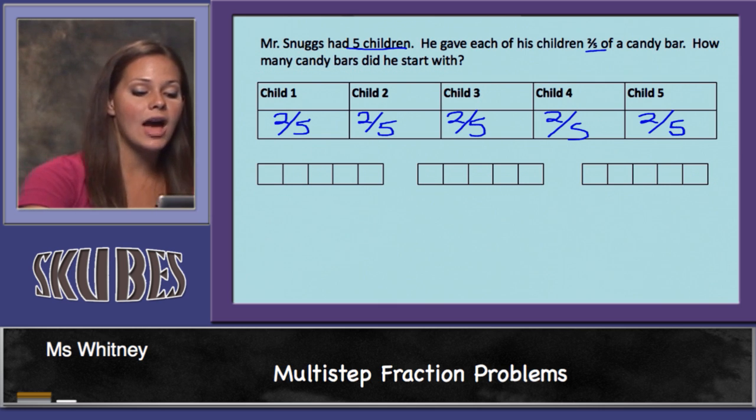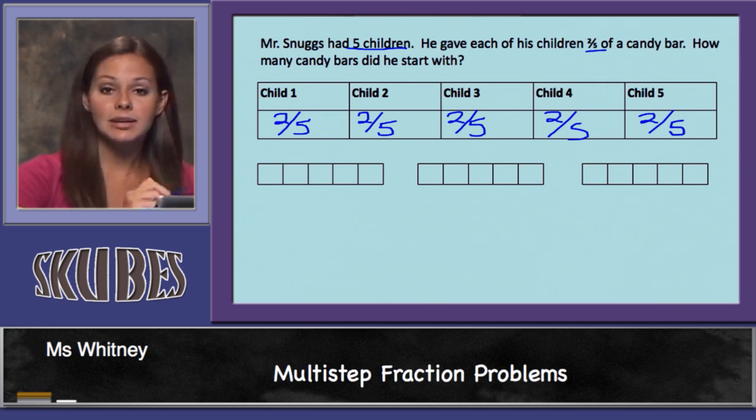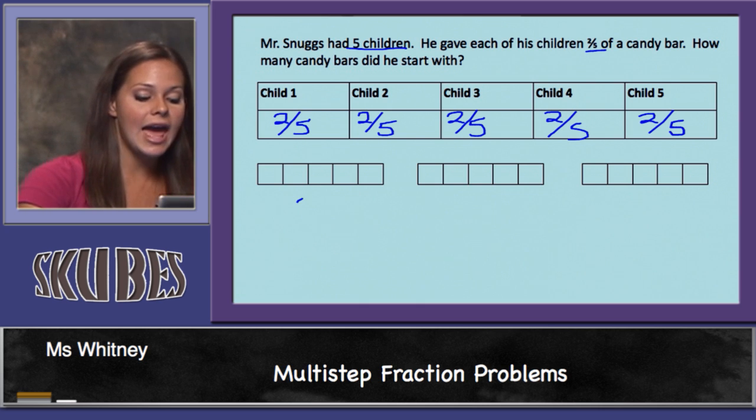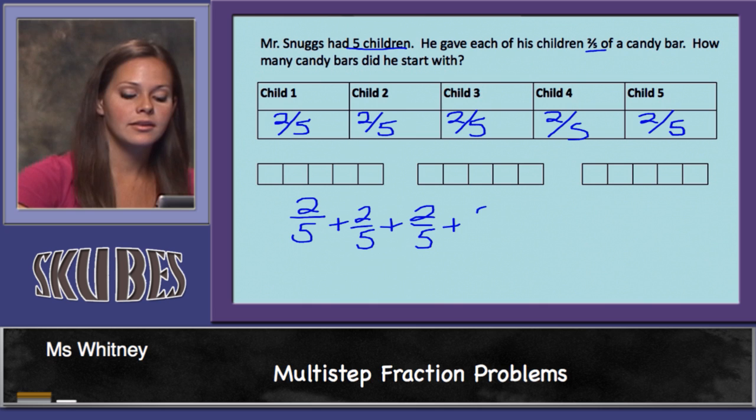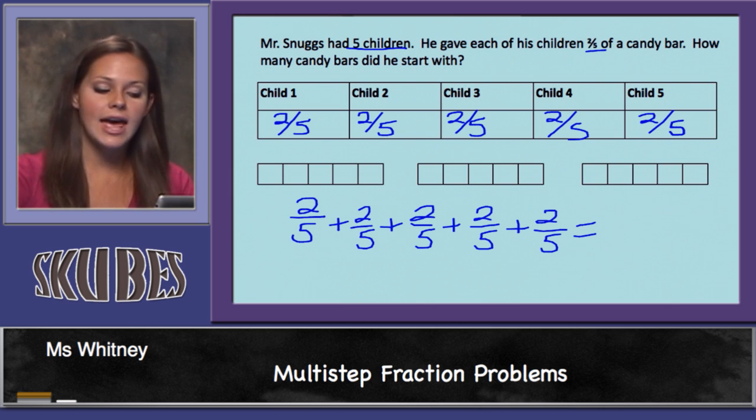To find out how many candy bars he started with, we need to add 2/5 plus 2/5 plus 2/5 plus 2/5 plus 2/5. Let's use our model to help.